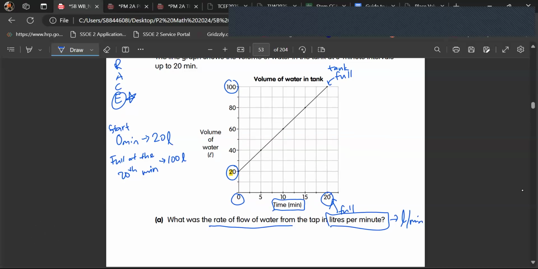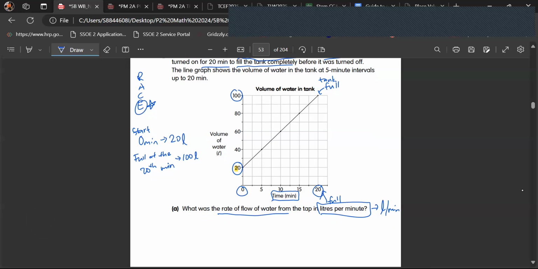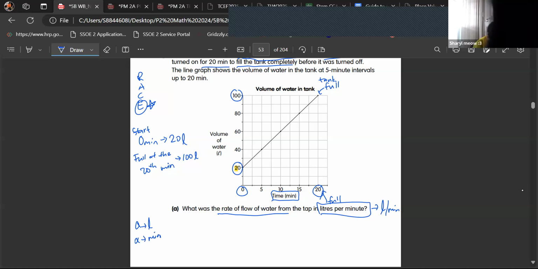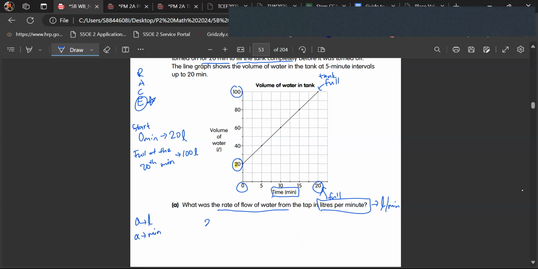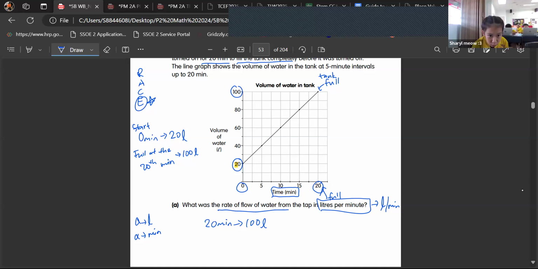So the first quantity is liters, the second quantity is time in minutes. So tell me, am I going to write 20 minutes is 100 liters? Is this correct? In 20 minutes is 100 liters. Is it correct?